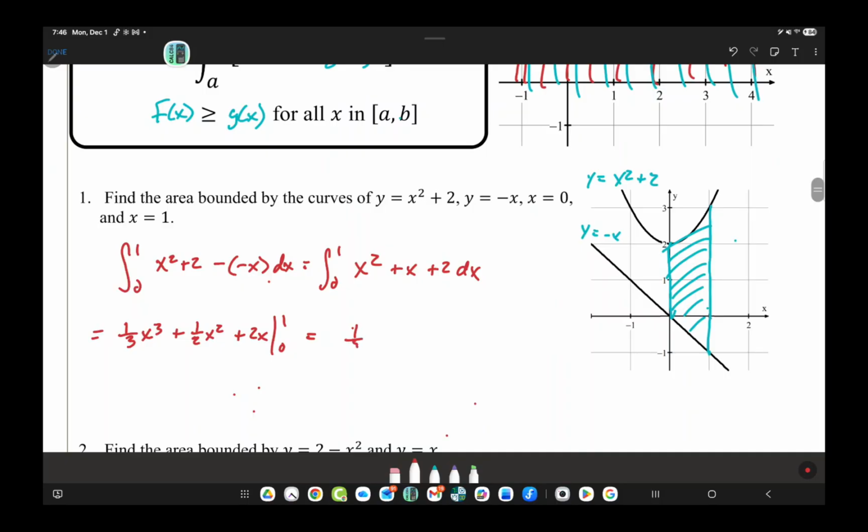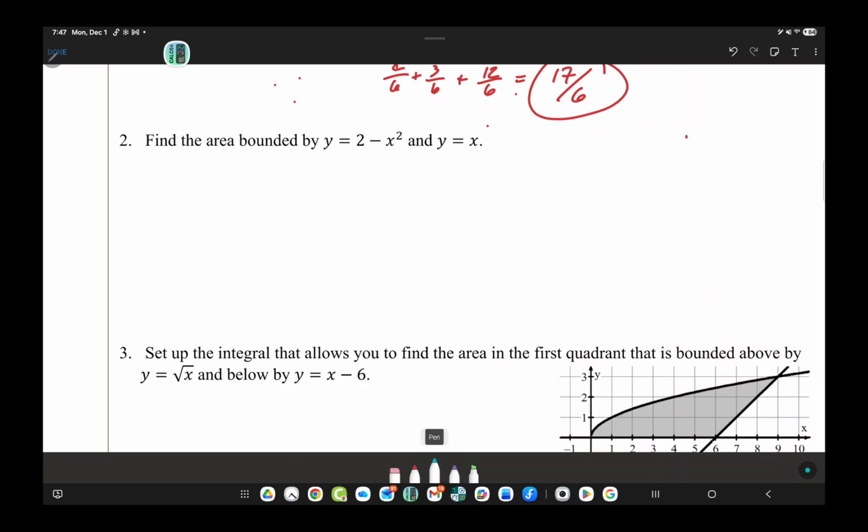So just plugging in 1 gives you 1/3 plus 1/2 plus 2, which gives you 2/6 plus 3/6 plus 12/6, which is 17/6. You're good.